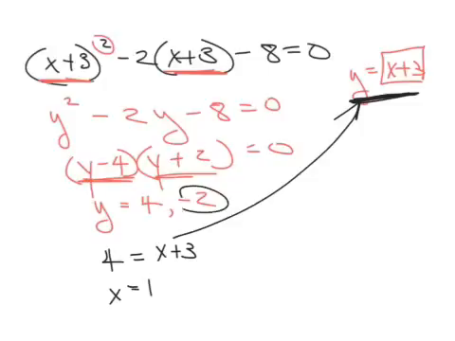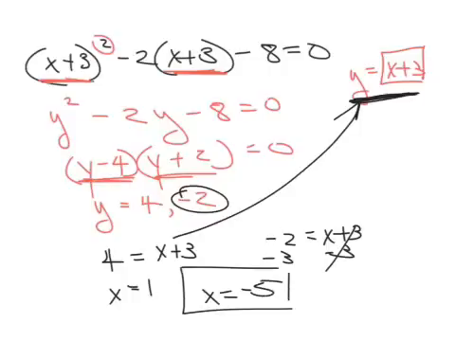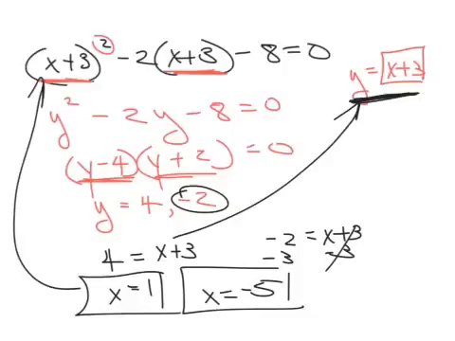And I also have a negative 2 here for y, so negative 2 equals x plus 3. Subtract 3 from both sides, and I get x equals negative 5. Those are the two answers I want, because that is what was up here, an x, and that's what I was looking for.